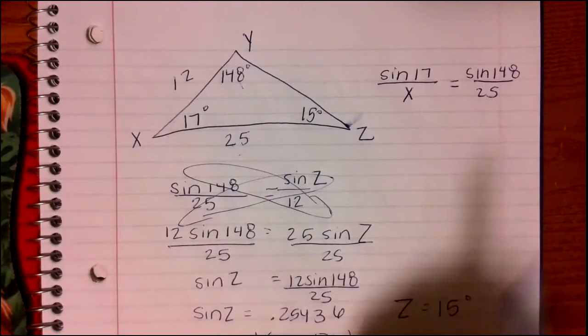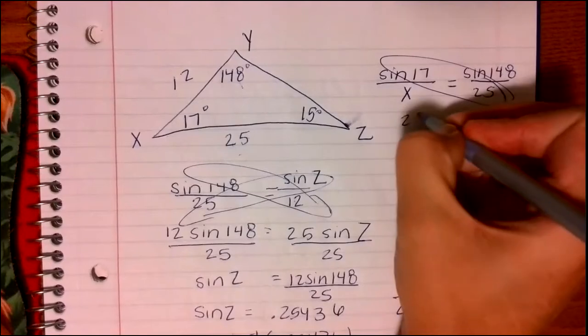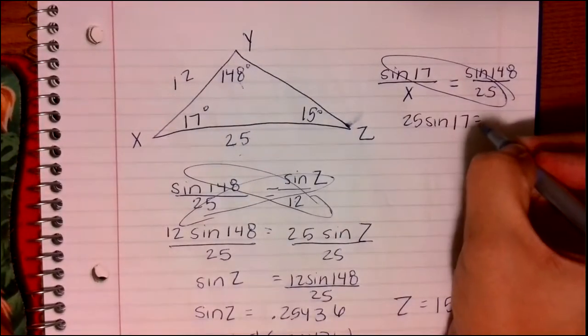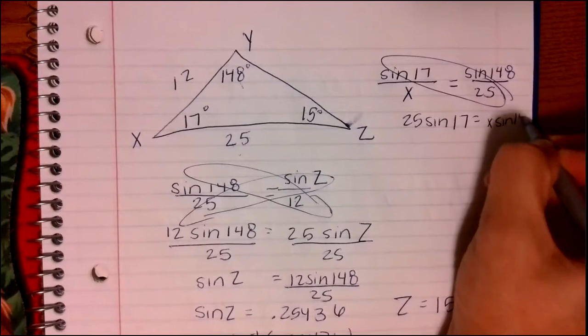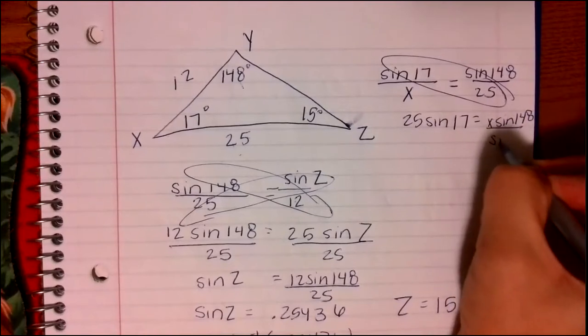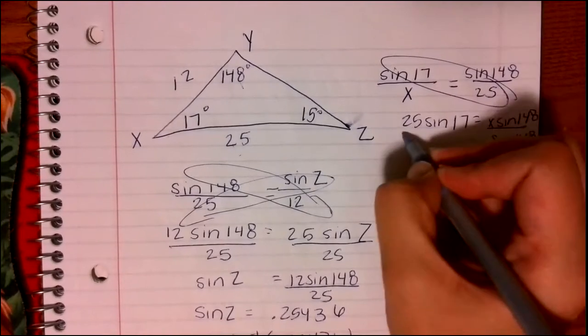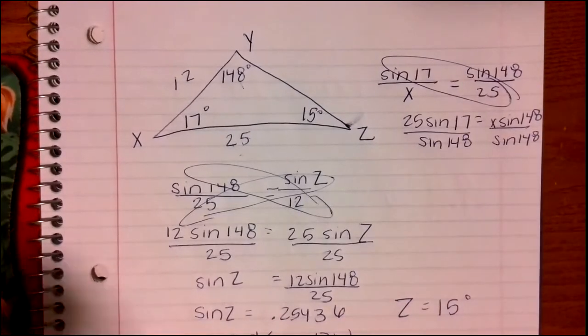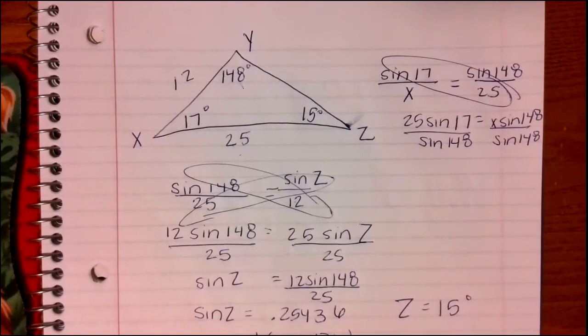And then cross multiply and divide. 25 sine of 17 equals x times sine of 148, and then divide by sine of 148. And this time when I type that fraction in, I should get my answer.